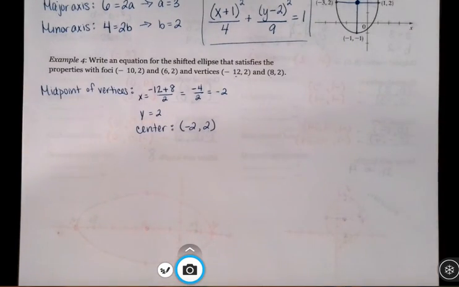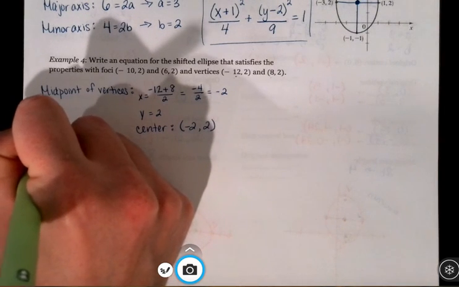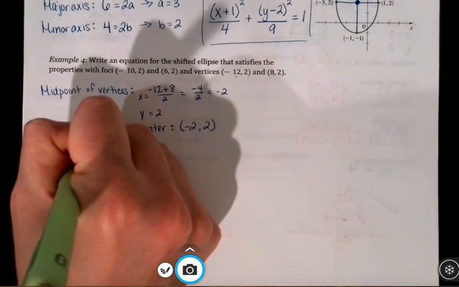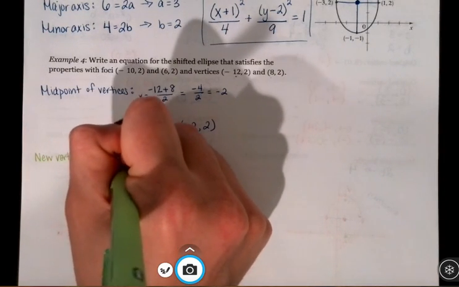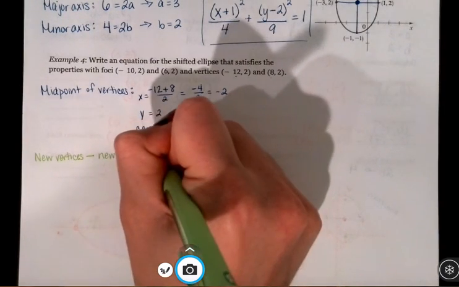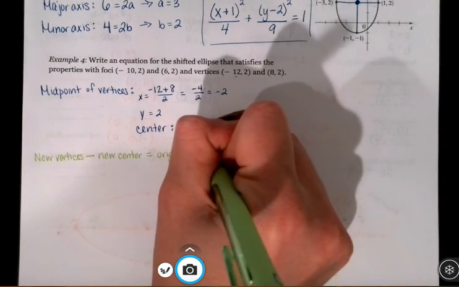So I'm just going to make a note on the side here. We're going to do new vertices minus the new center is going to equal our original vertices.